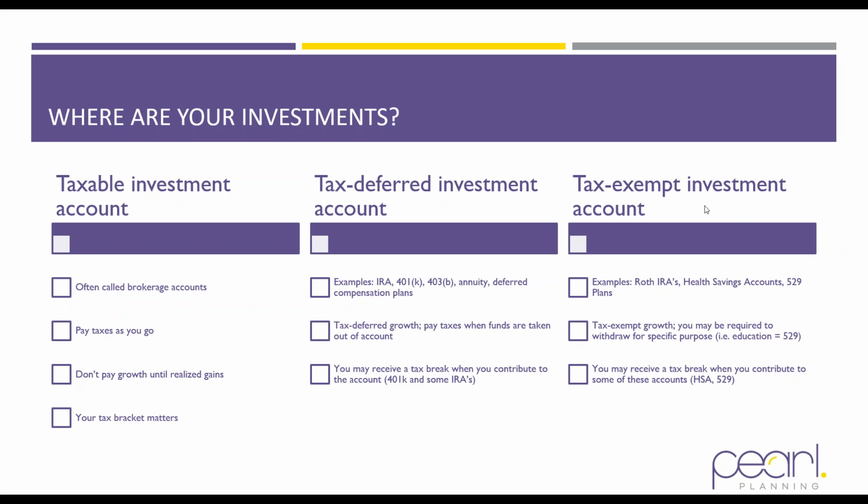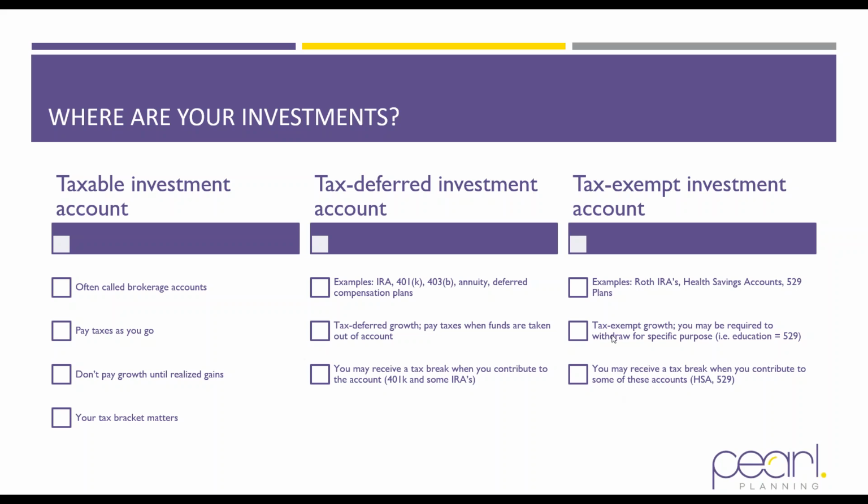And then we have tax exempt investment accounts. Some of these are some of the newer options. So Roth IRAs or Roth 401ks are examples. Health savings accounts, if you withdraw for healthcare needs, medical needs, are tax exempt. 529 plans, when withdrawn for education needs, also tax exempt.